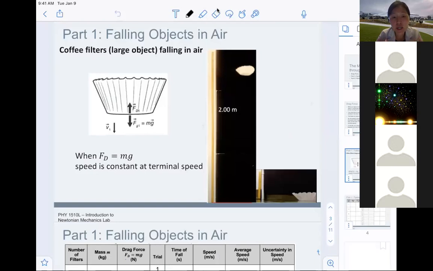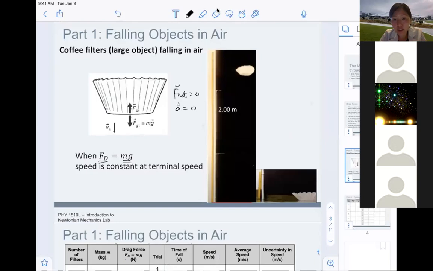When the air drag reaches a magnitude exactly equal to the weight of your object, so when F drag is equal to mg, the gravity on your coffee filters, the two forces balance out, giving no acceleration. The object can no longer accelerate because the total force is 0. F net is 0.